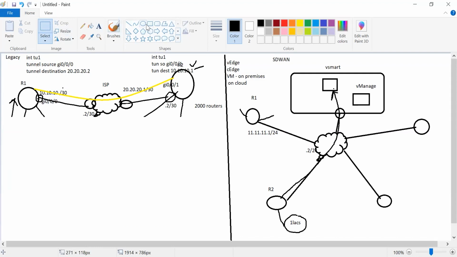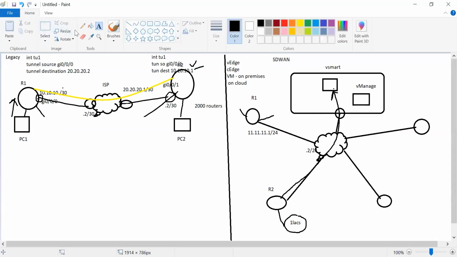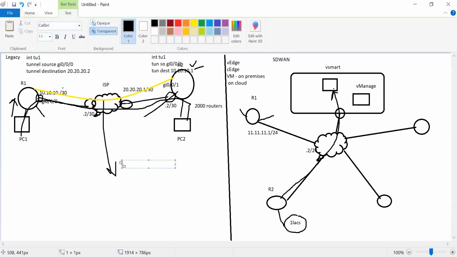Let's suppose we have a switch connected here, or let's suppose the user is sitting here, PC1, PC2. When traffic from PC1 is traversing the underlay path and you look at the IP header, your source IP would be PC1 and destination IP would be PC2. Are you with me?